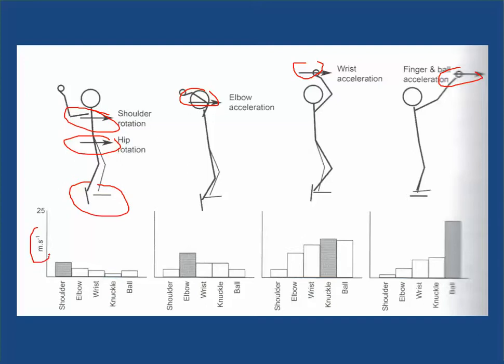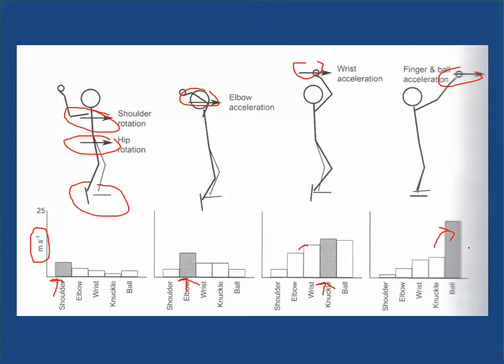They looked at the velocity in meters per second. At the beginning of the motion it was high at the glenohumeral joint, then it transferred to the elbow joint, which had the max velocity, to the knuckle. Here you see the wrist is higher than the elbow, and eventually all that linear velocity is transferred to the ball.